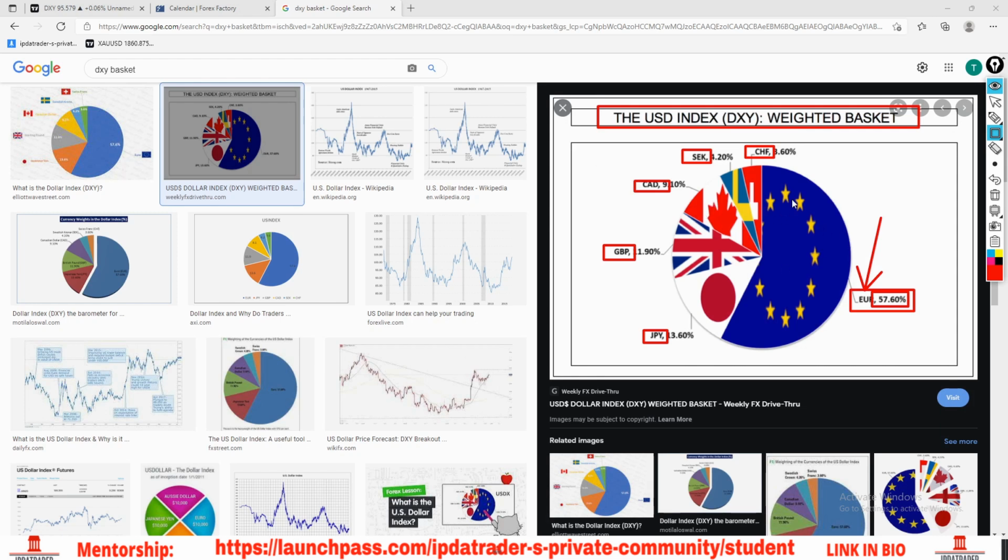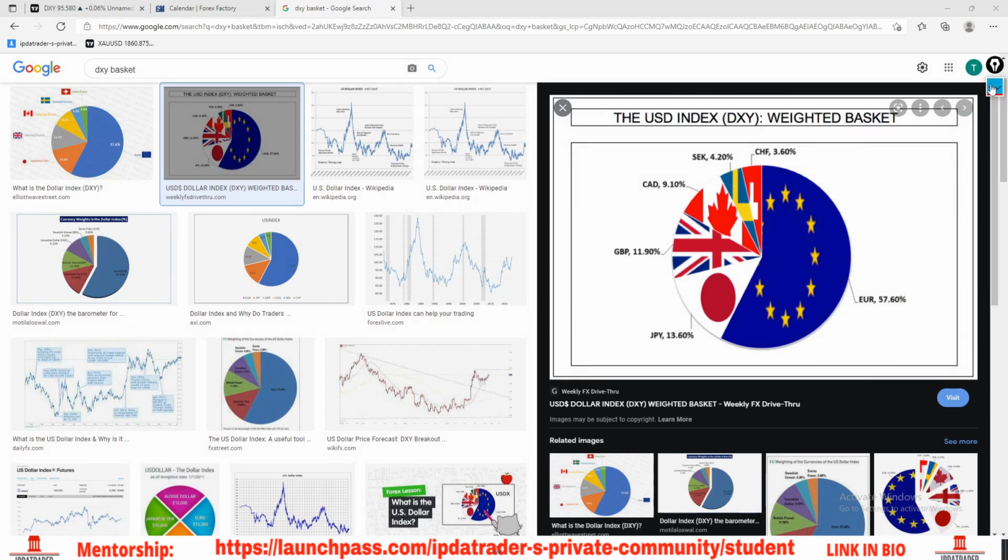And we're going to be taking a look into that in just a second. But for now, understand that, right? These are the currencies that the DXY is being measured against, and the euro is the one that is having more influence into that, right?